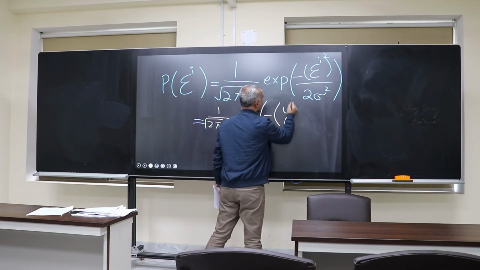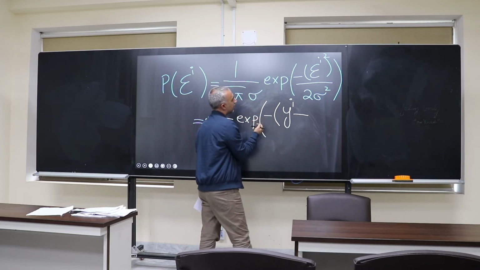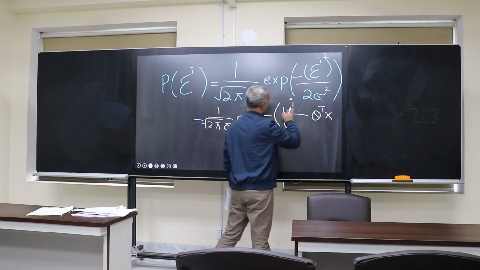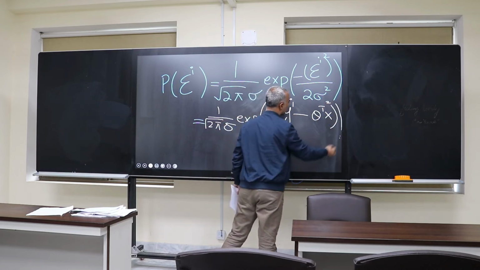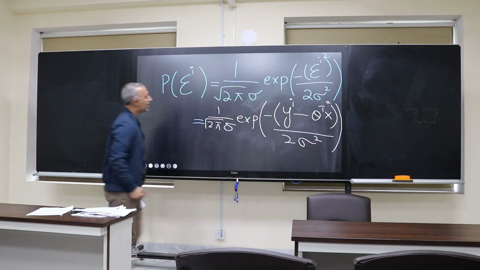Here yi is the given data, and this one is the hypothesis, with the error term in the numerator and 2 sigma square in the denominator.